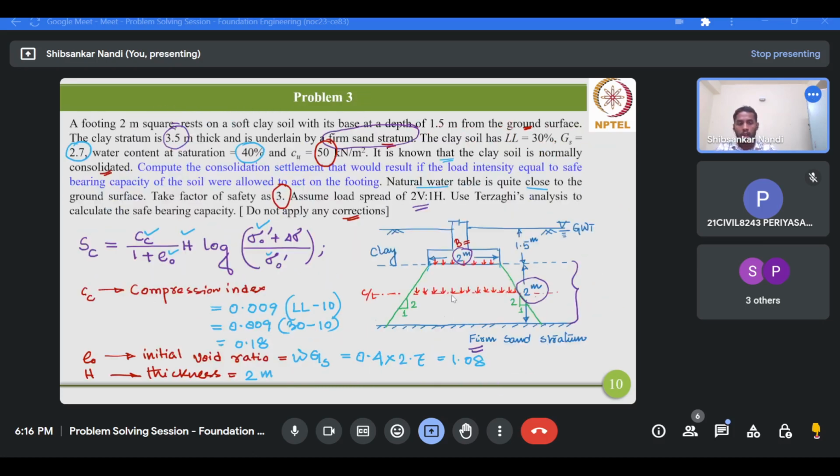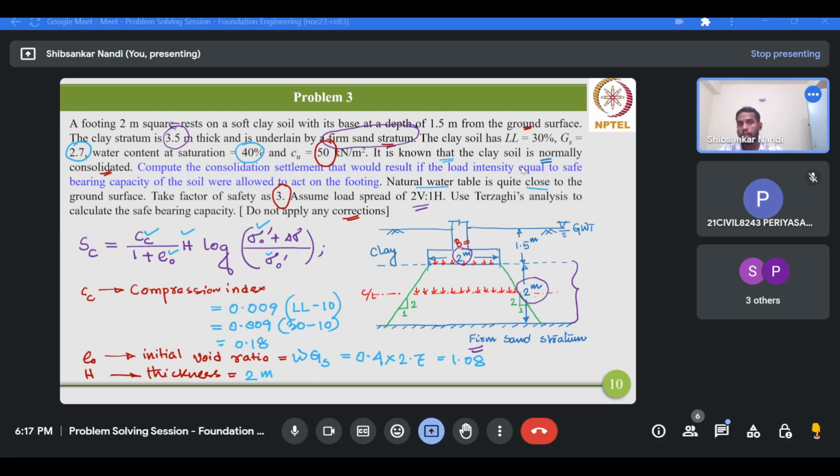Now, a few things we should discuss. First of all, this clay soil is normally consolidated. That means this soil never experienced this much load in its past history. This is the first time it is experiencing this much load. It never experienced load greater than this value.